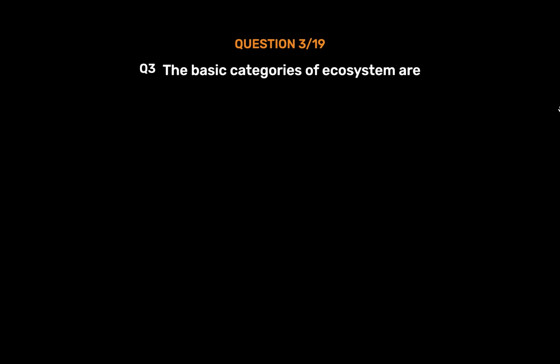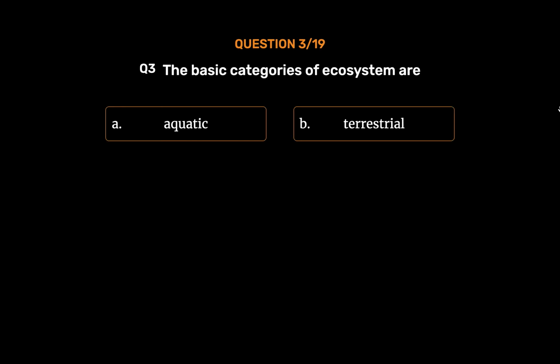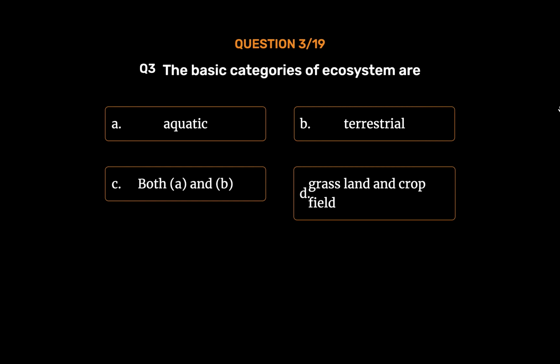Question number 3. The basic categories of ecosystem are Option A. Aquatic. Option B. Terrestrial. Option C. Both A and B. Option D. Grassland and crop field.